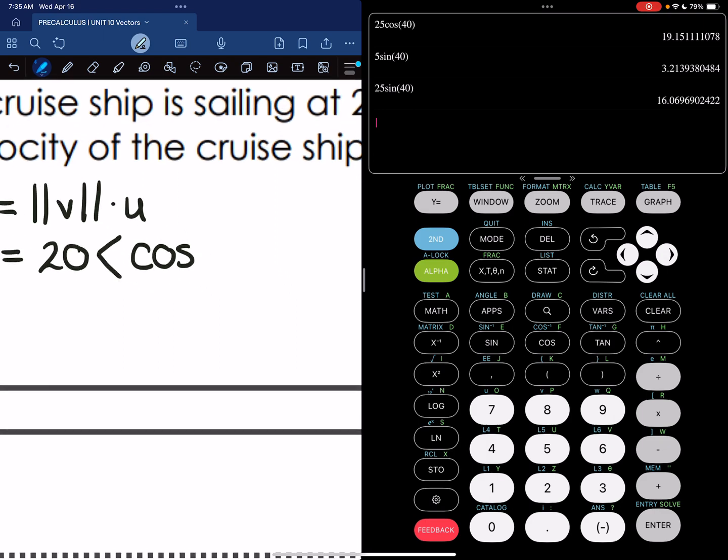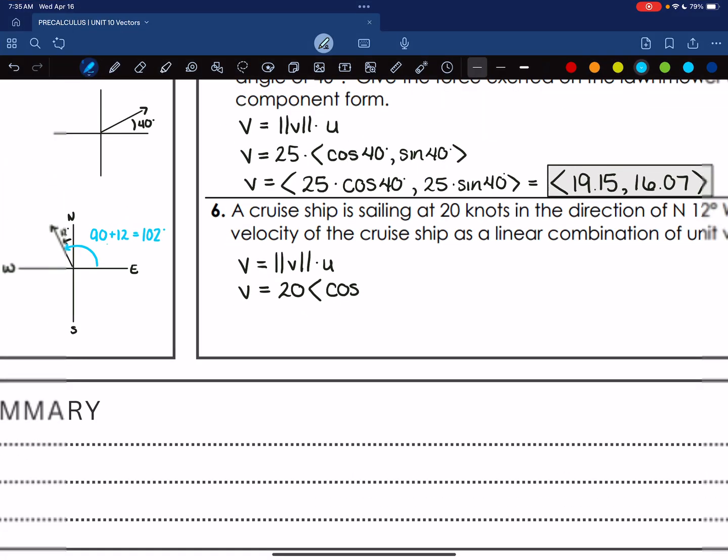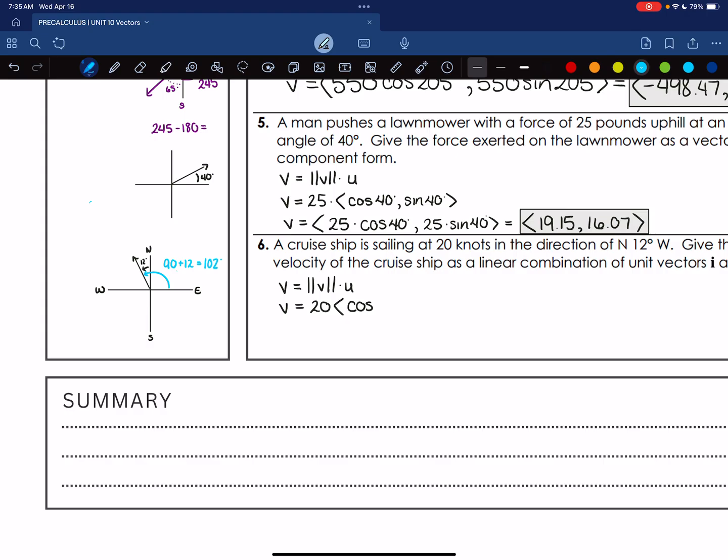It's cosine of 102 degrees, and also our sine of that amount, 102 degrees.